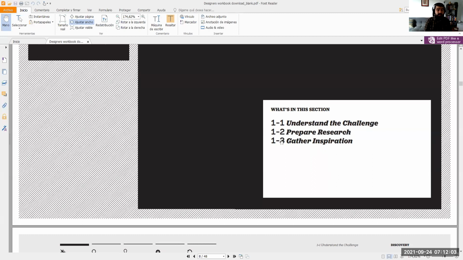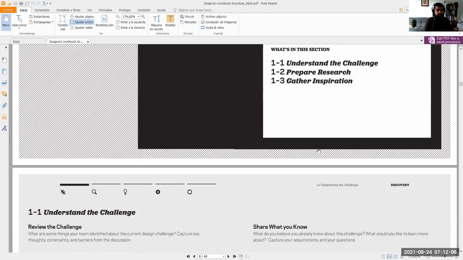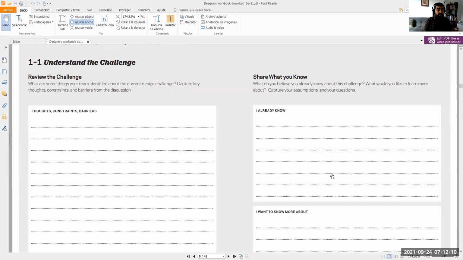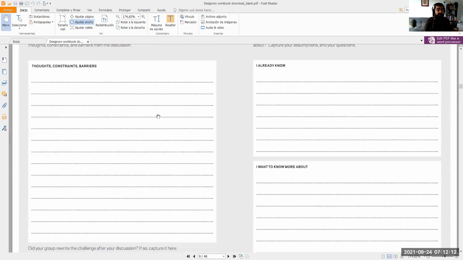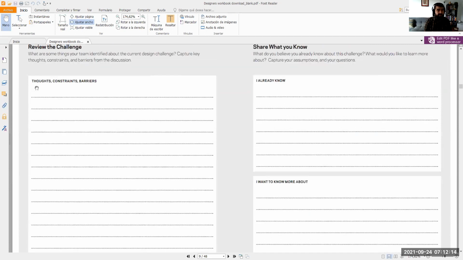And then we are going to be working on the next two sections. So guys, listen up. This is exactly what you got to do. Yesterday you worked, first of all, here in the section that says thoughts, constraints, and barriers. It was all about putting together what you think about your own project. So it's the thoughts that you have, the limits that you see, the limitations in general terms that you expect to have throughout the rest of the semester.